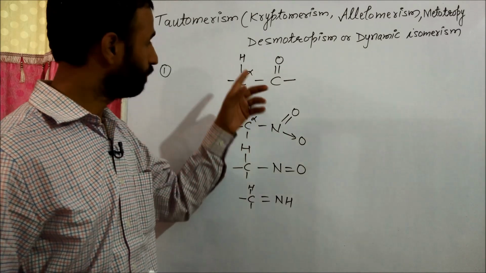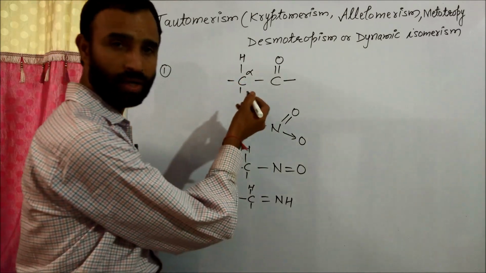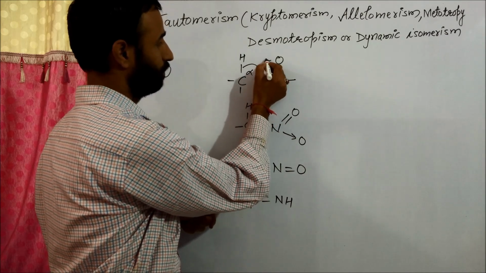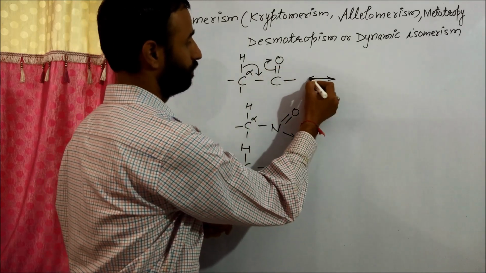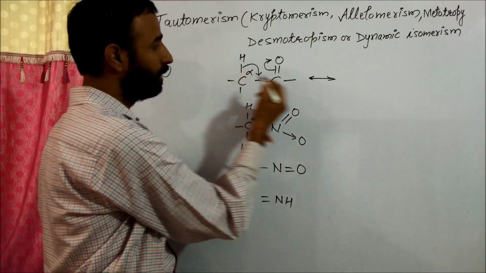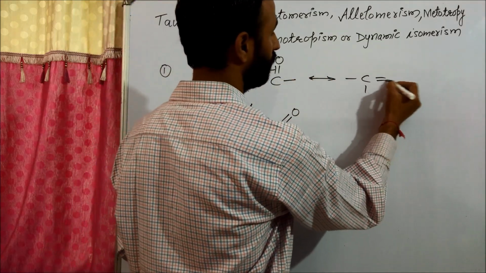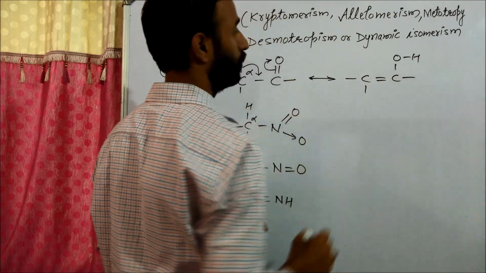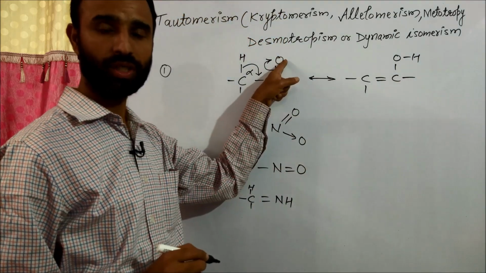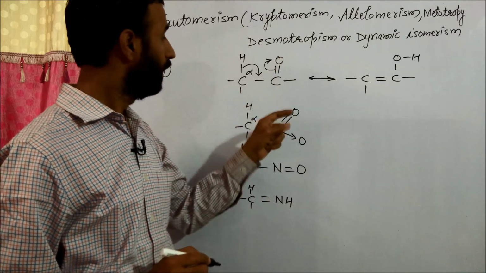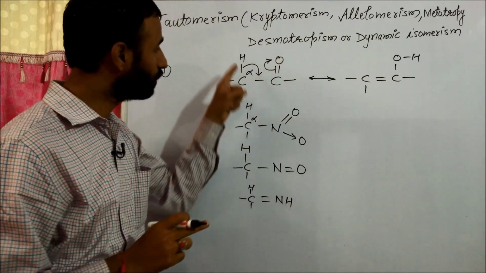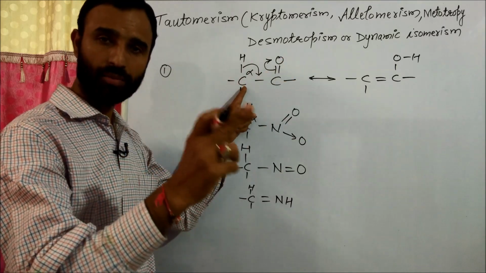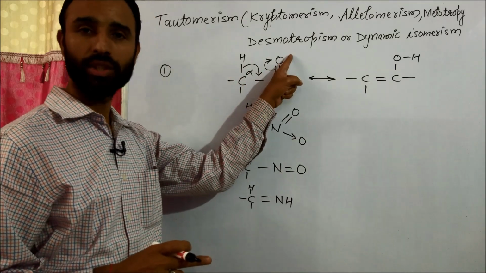Now see, this alpha hydrogen migrates from the alpha carbon to the oxygen of the CO group. So actually hydrogen moves from atom number 1 to atom number 3.